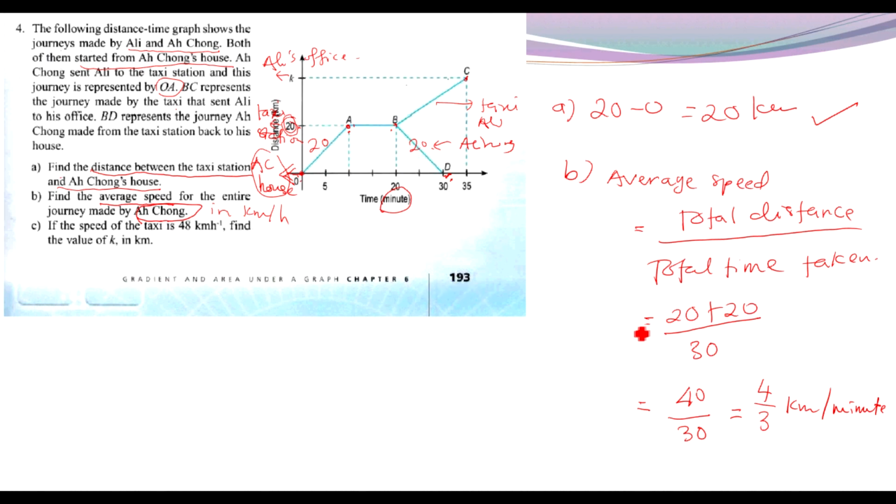So I take 40 over 30 minute, and you convert 30 minute to hour, which is 30 divided by 60, so equals 40 over 0.5, which equals 80 kilometer per hour. This answer is in km per hour, and that answer in km per minute.